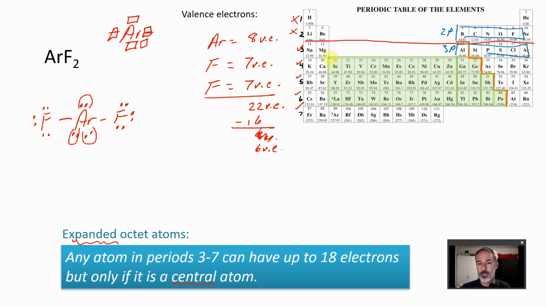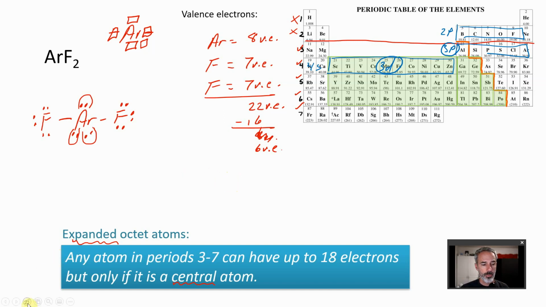And the answer is, right here, you'll remember, are the d orbitals. And they're not just the d orbitals. Remember, we've got 4s and we've got 3d. They're the 3d orbitals. And it turns out the 3d orbitals are not much higher in energy than the 3p orbitals. So argon, confronted with all these extra electrons, can pile them into the 3d orbitals.